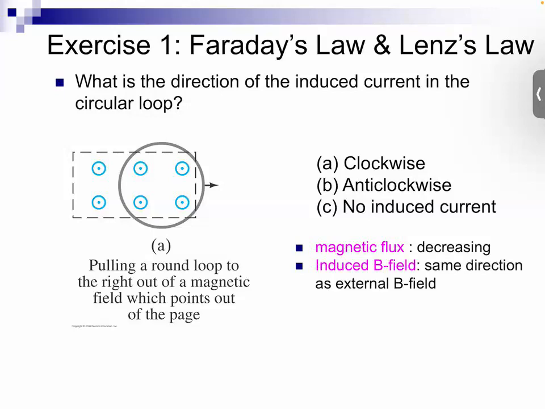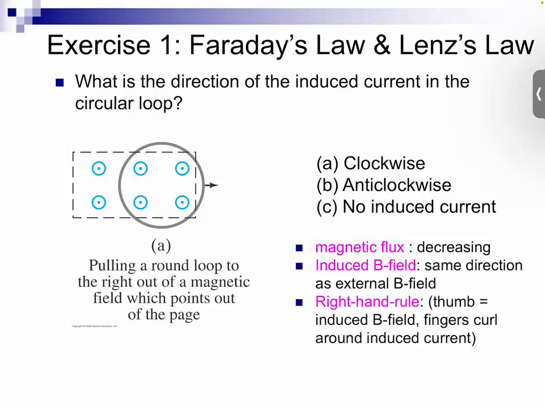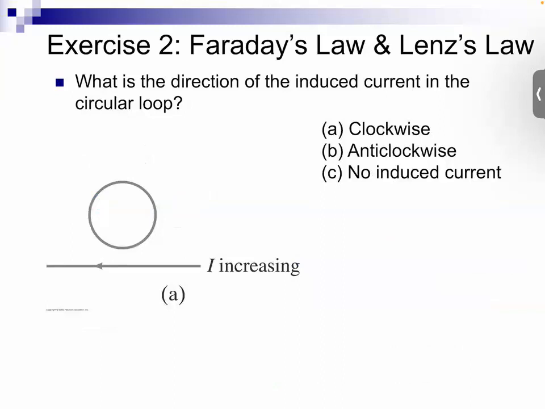Therefore, the induced magnetic field should be in the same direction as the original external magnetic field that's originally there, right? Right-hand rule says point your thumb in the direction of the induced magnetic field and your fingers curl in the direction of the current, hence anti-clockwise. Good. All right, try the next one.